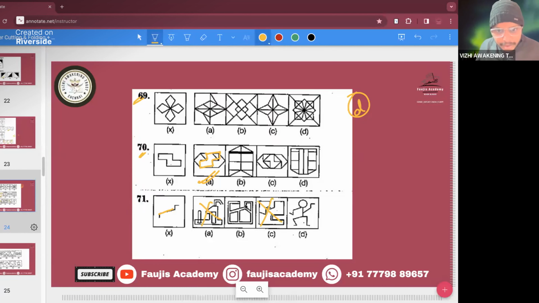If we do it like this, we do not have an option to go down because there is no line over there. In a different orientation also it won't be possible. So the closest answer is D, even though this stretch of line is small.